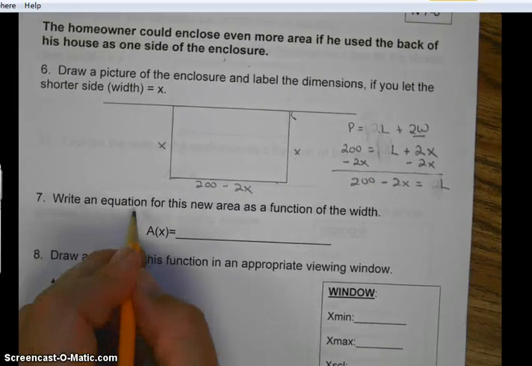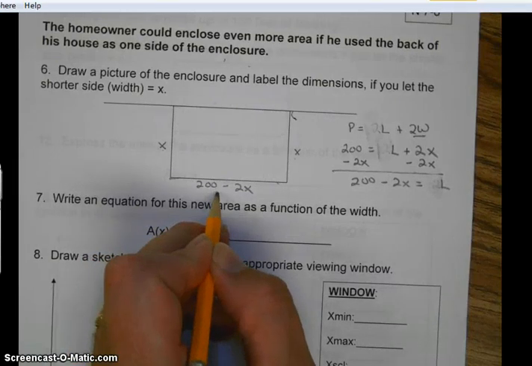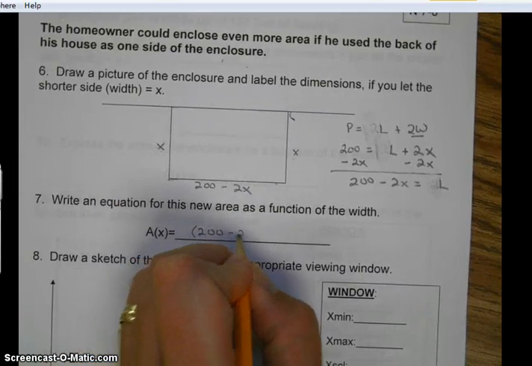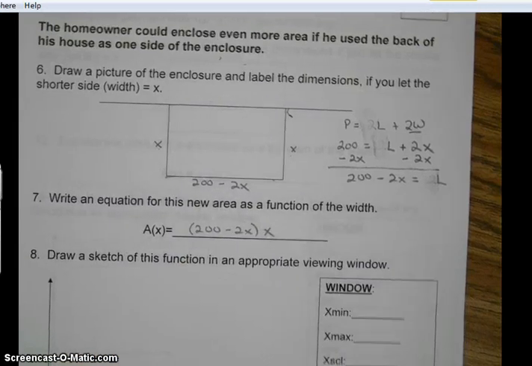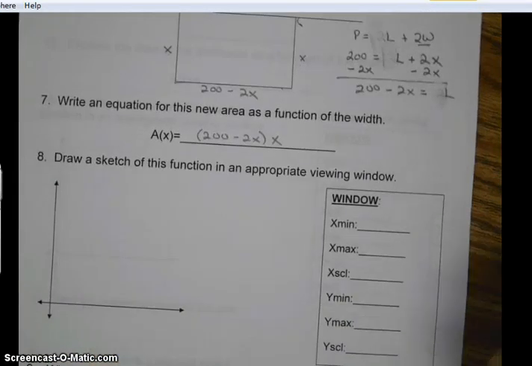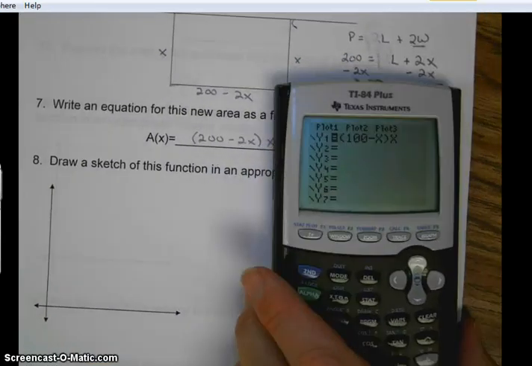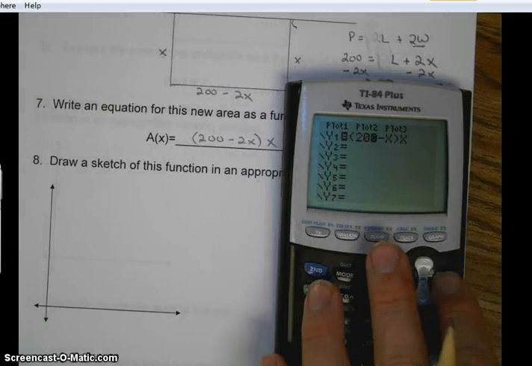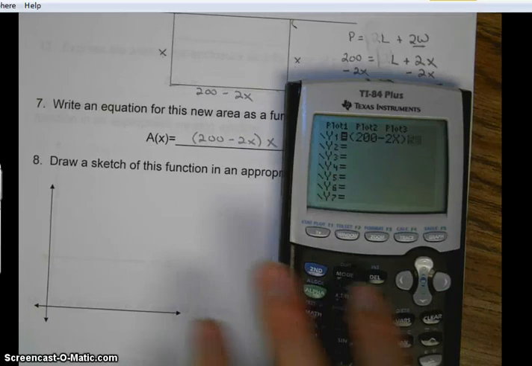All right, write an equation for the new area. So again, we do length times width. So we have 200 minus 2x times the width. That's going to be our area. Let's go ahead and plug it in. 200 minus 2x times x.